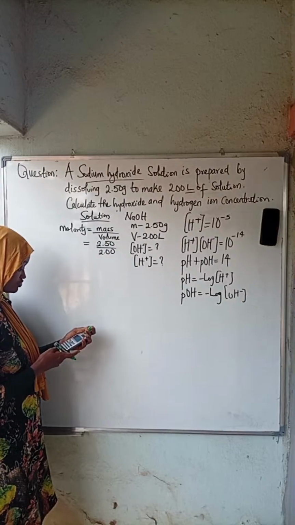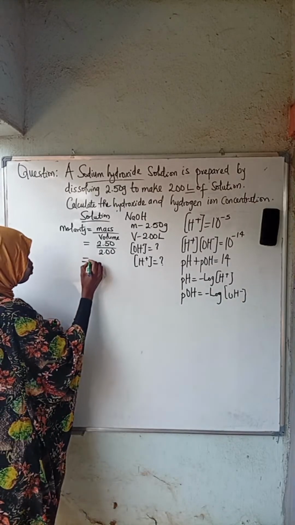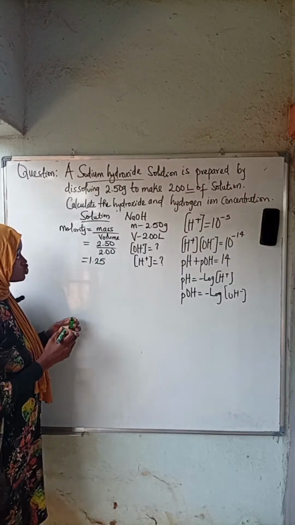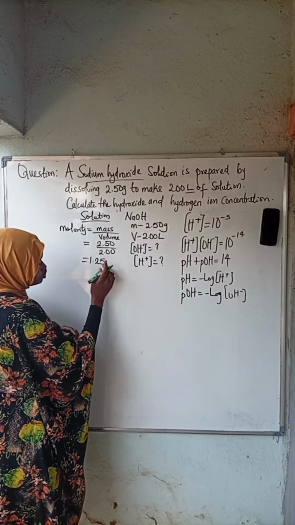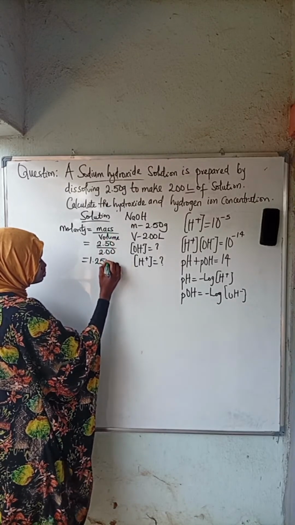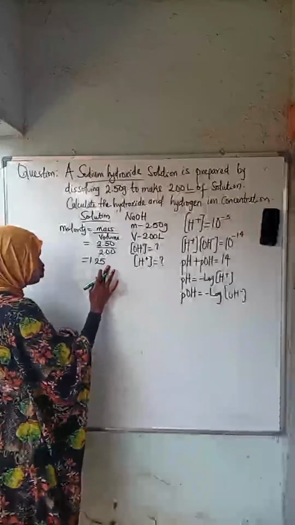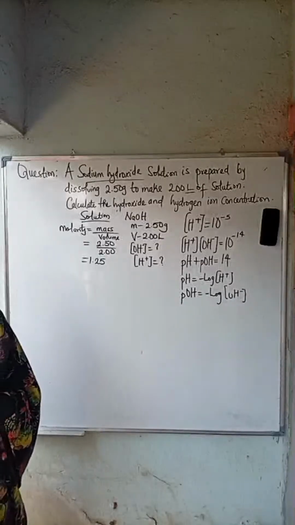So 2.50 divided by 2.00 gives us a value of 1.25. So this is the molarity. The unit of mass is what? Gram. So what's going to be the unit here for the molarity?